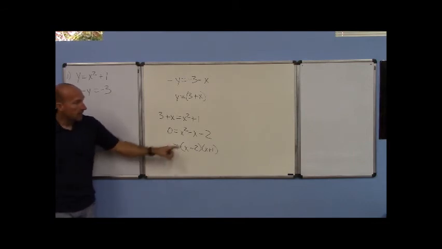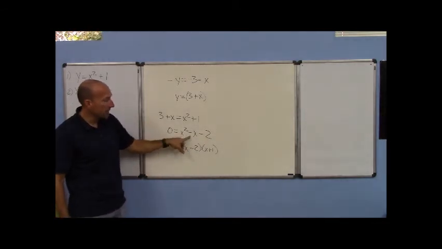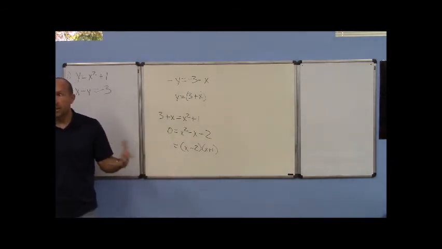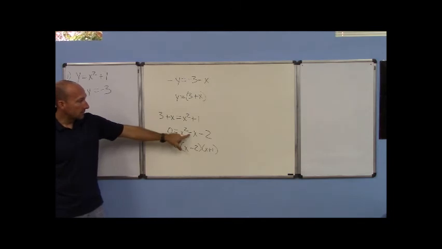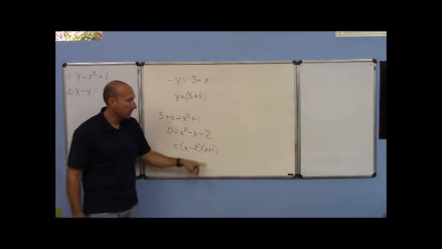Okay? Because again, what factors of -2 when added together give you a -1? Well, our only factors are 2 and 1, but one of them's got to be negative, and it has to result in a -1x, so we have -2 and -1.